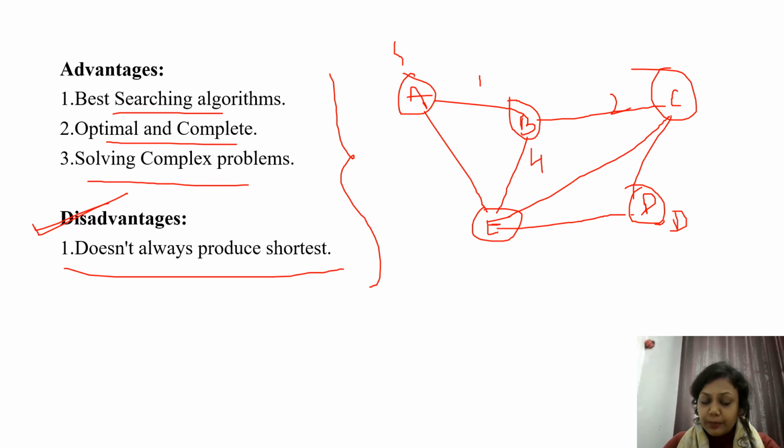As we can see, we are reaching the goal node via this path, that is A to B, B to C and C to D, with the minimum distance of 2 plus 1 plus 1 is 4. Whereas we are also reaching the destination node through a smaller number of nodes, or through a smaller number of paths, that is 1 plus 6, that is 7. So this is what this term signifies. It does not always produce the shortest path.